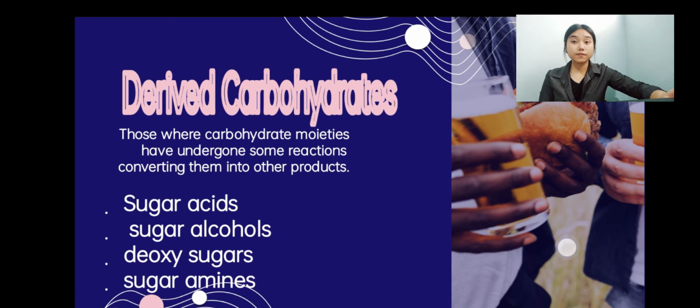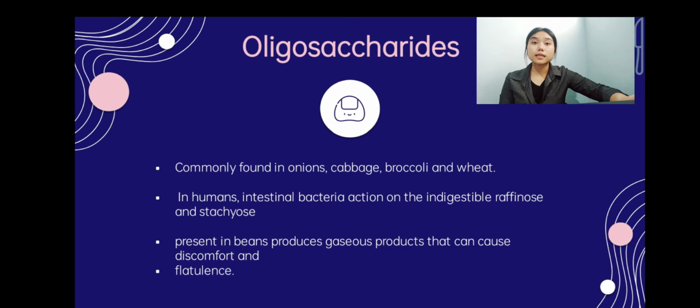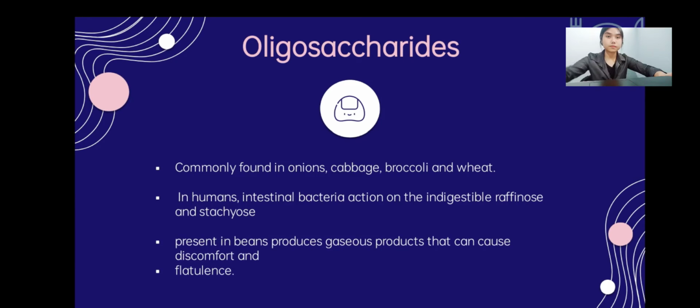Oligosaccharides, as I have said a while ago, are commonly found in cabbage, broccoli, onion, and wheat. In humans, intestinal bacteria act on the indigestible raffinose and stachyose present in beans and produce gaseous products that can cause discomfort and flatulence.